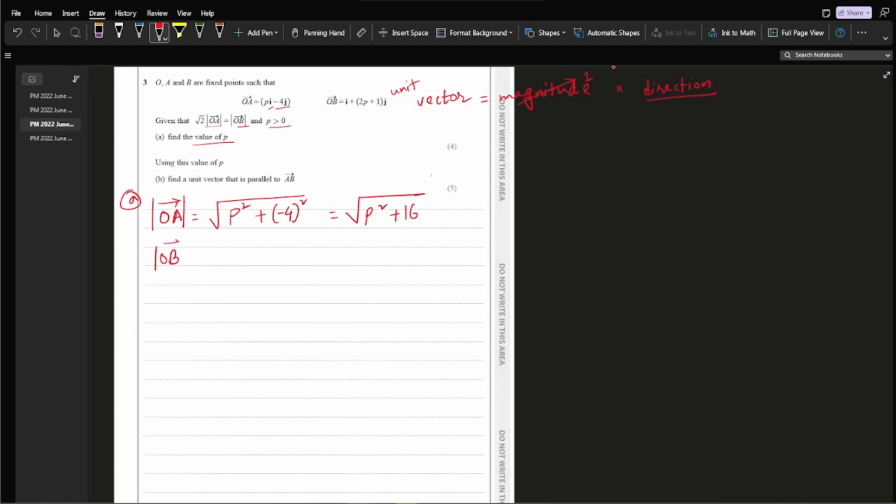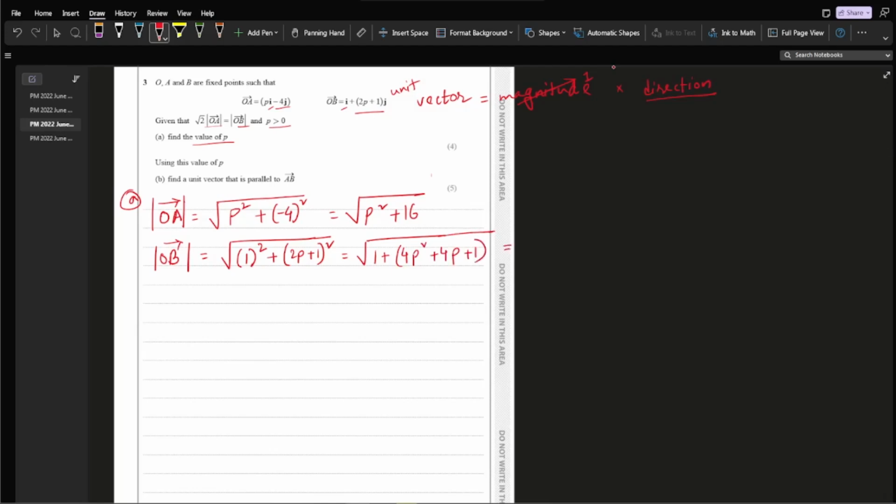Similarly, for OB, the magnitude of OB is the square root of the coefficient of the first unit vector, 1, squared, plus the coefficient of the second unit vector, 2p plus 1, whole squared, which becomes 1 plus 4p squared plus 4p plus 1.